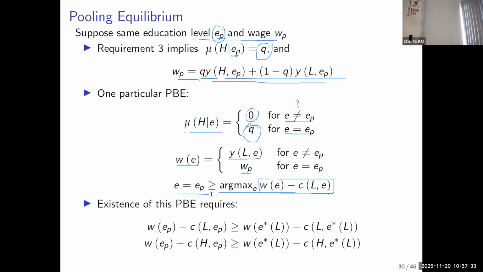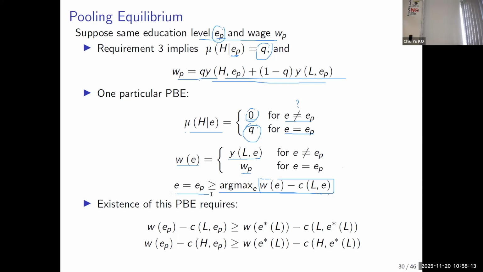The salary you get minus the cost of education must be bigger than what they can get if they take the low type option, because the worst case scenario is the firm takes them as the low type, with the low type salary. Same for the high type, right? The payoff of the high type cannot be lower than if he pretends to be a low type. But do note that the cost is based on his high type, which is lower.